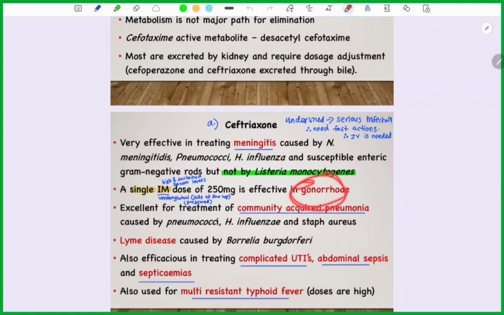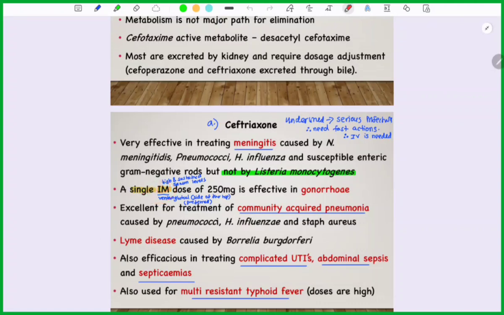Gonorrhea is not an infection which requires an immediate therapy and a faster response, right? What we want is a constant high antibacterial agent level in blood, which is useful to eradicate the bacteria completely. So to maintain high sustained serum levels for the eradication, we need IM.